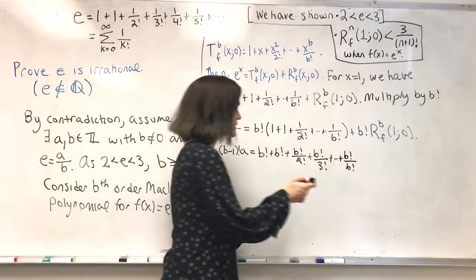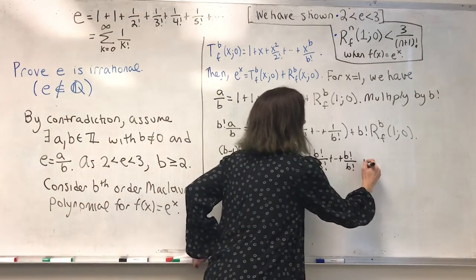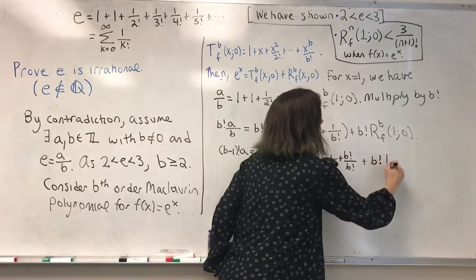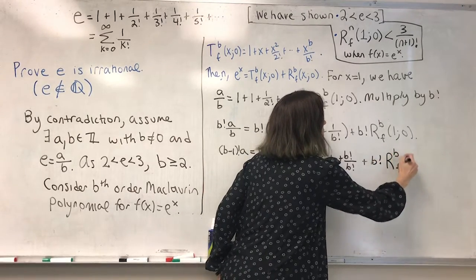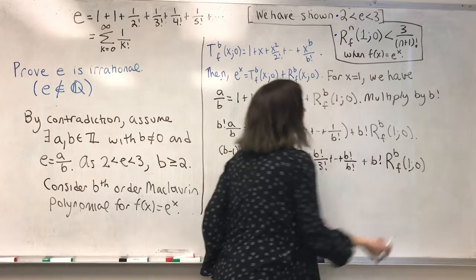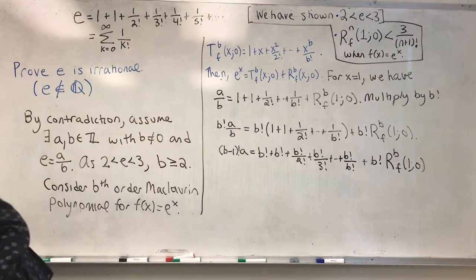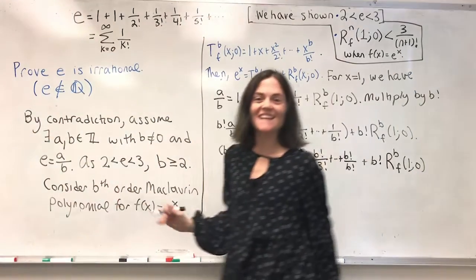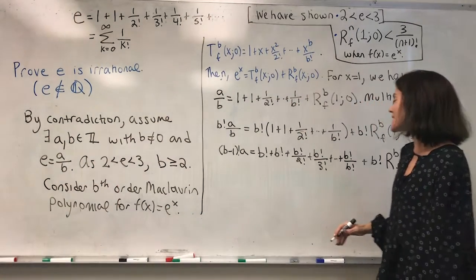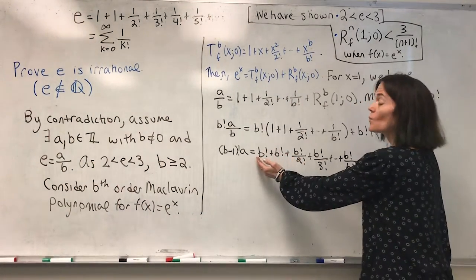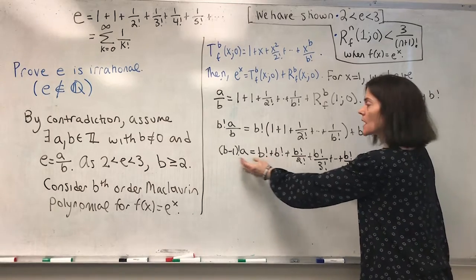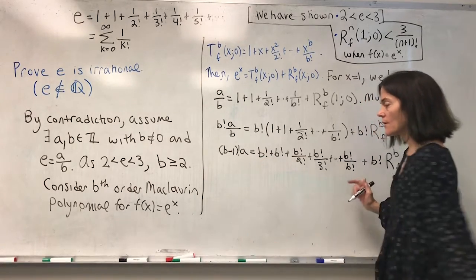And then this final term in this sum is b factorial times R_b of f at 1, 0. Now this looks like it's going to be complicated, but we're actually in really good shape because this thing, whatever it is, is an integer. This thing, integer, okay?